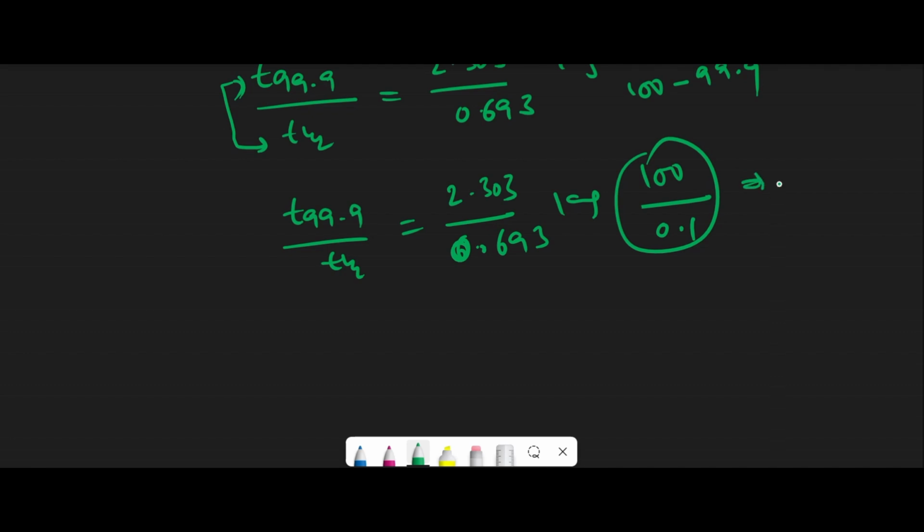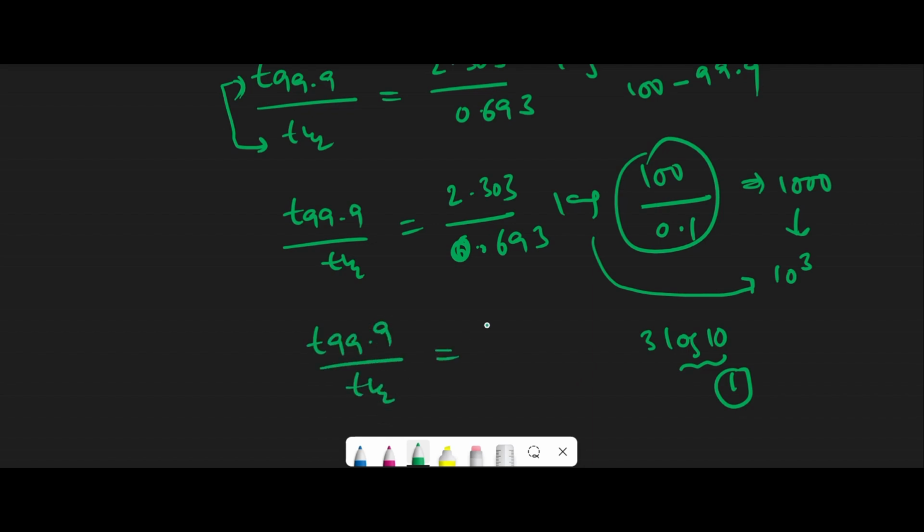Simplifying, we get 1000, so I write it as log 10 power 3, which is 3 log 10. We know that log 10 is 1. So t 99.9 by t half equal to 2.303 divided by 0.693 into 3.